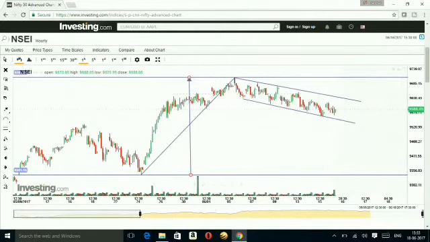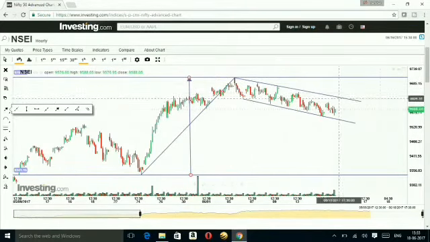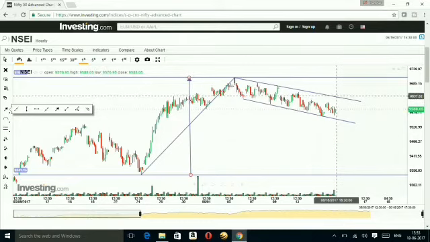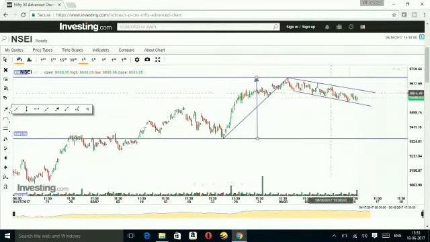Now let's say Nifty goes above this level, 9634, somewhere around 9650, plus 350 is 10,000. So the target as per this pole and flag pattern comes to around 10,000.